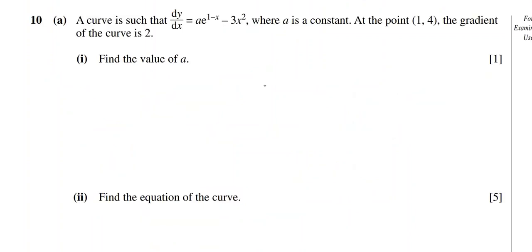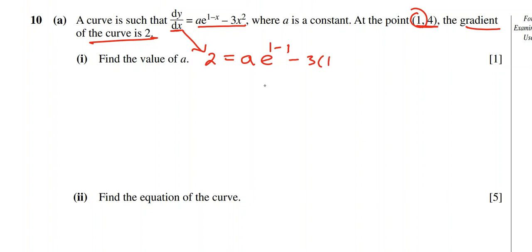In question number 10, they have given a curve with dy over dx equal to this, where a is a constant. At point (1,4), the gradient of the curve is 2. Find the value of a. So the gradient of the curve is 2 at (1,4). We can use this formula here. Dy over dx is the gradient, so we will substitute it by 2, equal to a e to the power 1 minus x, and x we know is 1, minus 3 times 1 squared.